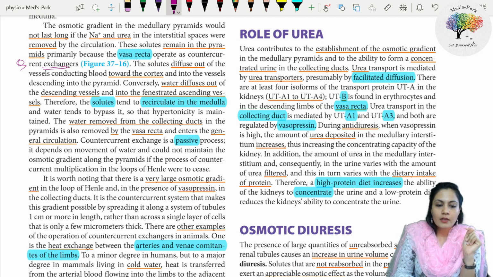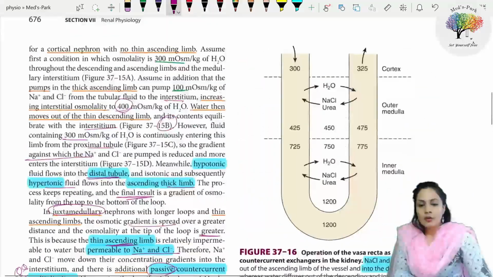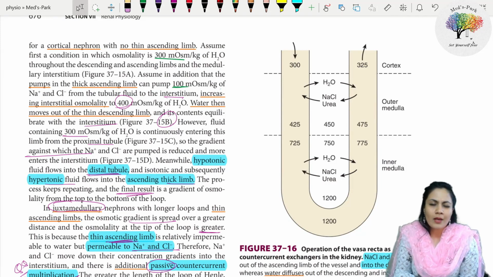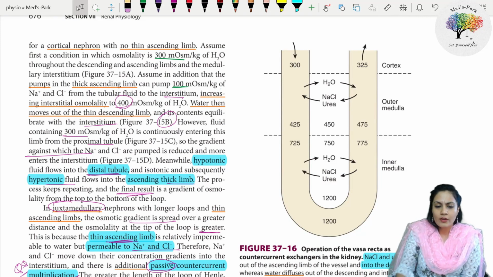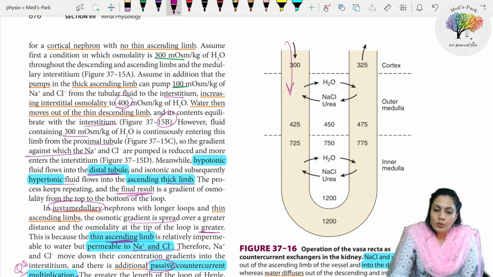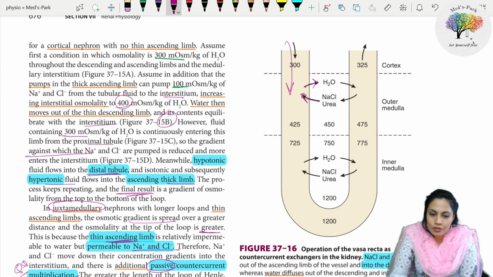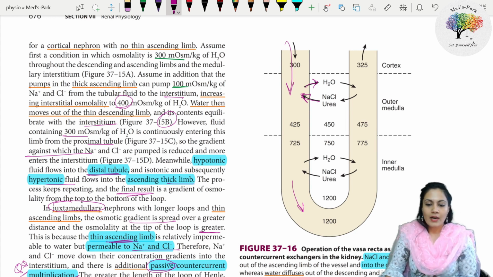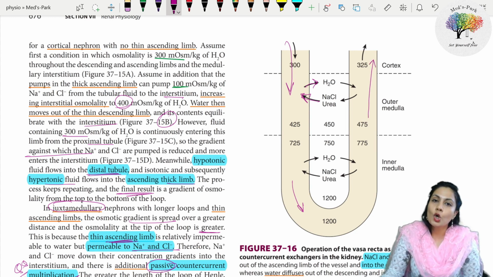The solutes diffuse out of the vessel conducting blood towards the cortex. Okay, the text shows a bit of the reverse, so you might get confused, but there is no confusion. It is clearly written that when it is going down into the medulla, it is putting the water into the medullary interstitium and taking the solutes in, right? And when it is moving towards the cortex, it is taking the water in.